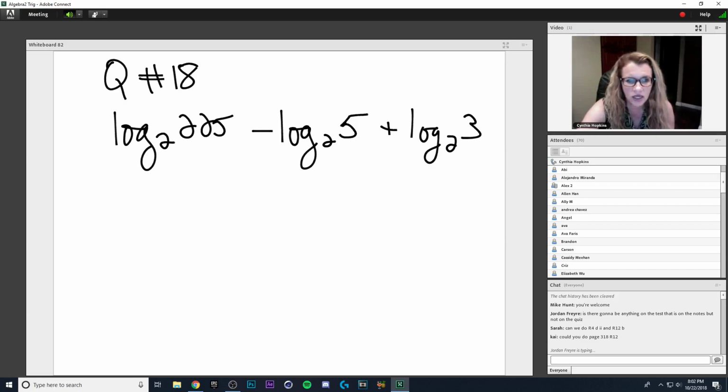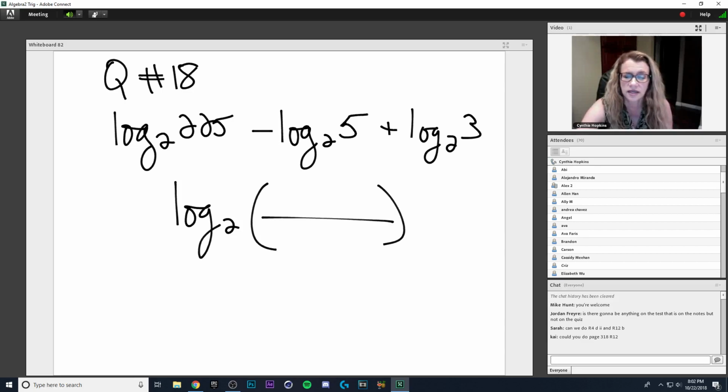Okay, so that's a combination of 2 of my properties, single log of a product and single log of a quotient. So I'm going to put log base 2, I'm going to put parentheses, and I'm going to put a fraction sign because I see some of my coefficients are positive and some are negative. Those positive and negative coefficients of these 3 logs are what determine whether I'm going to put the argument 225 or 5 or 3 in the numerator or denominator of my fraction.